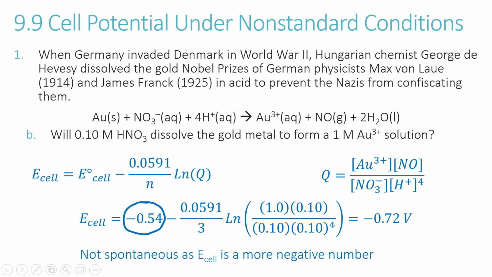So this is going to be non-spontaneous, as E cell is a more negative number. If you look at this Q value, it's a little top-heavy. That indicates that this needs to shift towards reactants, so the reverse reaction is more favored. Another way of saying that is that it's less spontaneous.